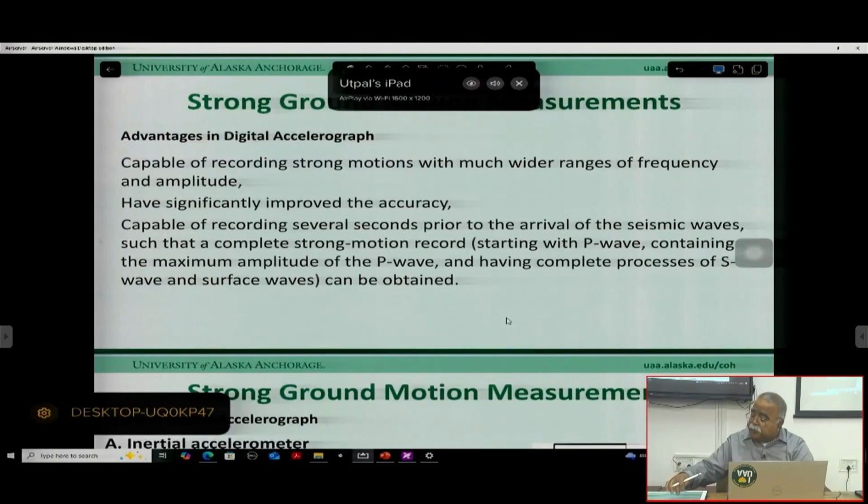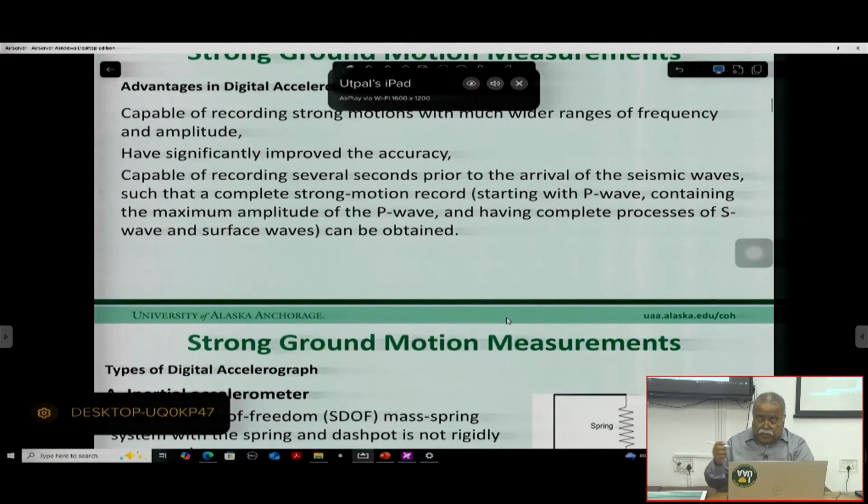So here is what we do in the case of a digital record. Suppose this is your P wave arrival, and then there is an S wave arrival, and then all the other phases that come.